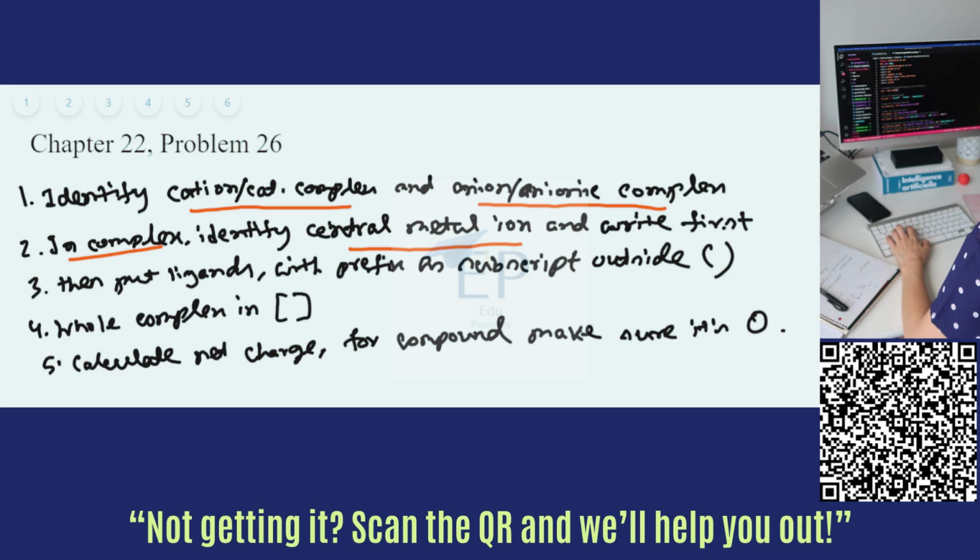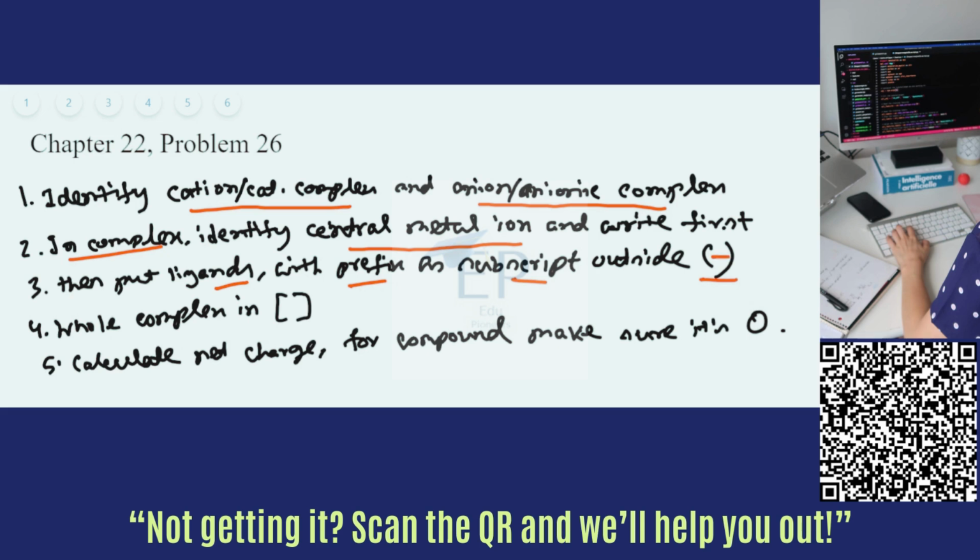And then we have to put the ligands, and if one ligand is present multiple times, we will have a prefix like di, tri, tetra, or bis, tris, tetrakis. We need to put that in numerical form as a subscript outside a round bracket and put the ligand inside this bracket.